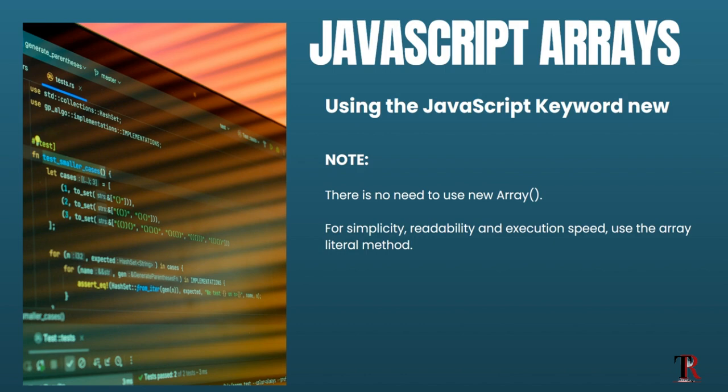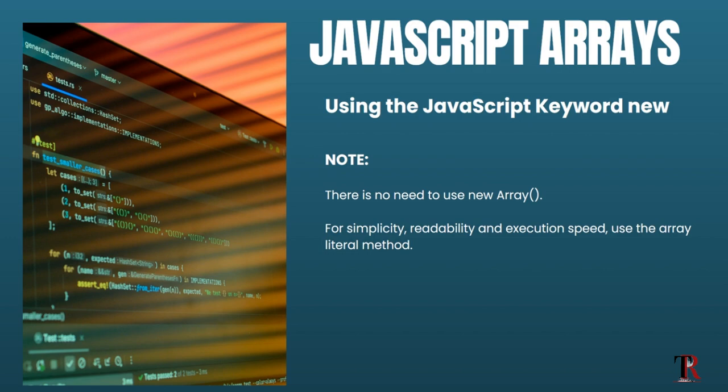There is no need to use new Array, because if you look at these two ways of creating array, the array literal method is very straightforward and simple, and for as long as none of them affect the output of such array, there's actually no need to be alternating syntax.